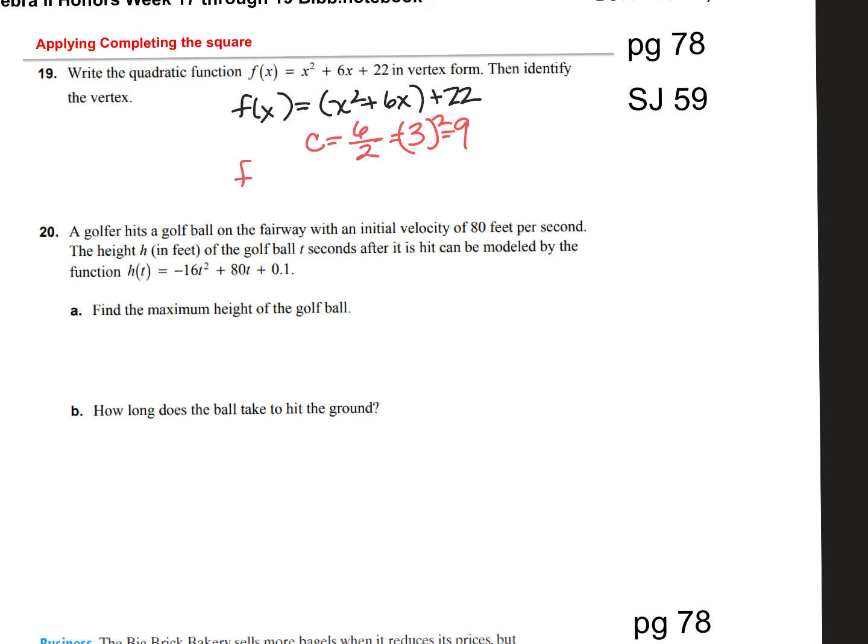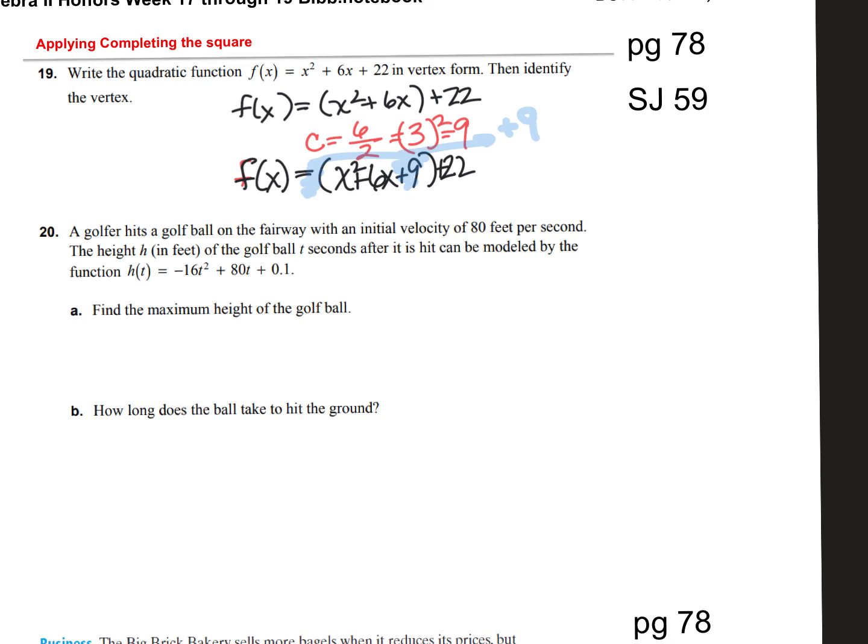F of x is going to equal, add that inside the parentheses, x squared plus 6x plus 9. Do multiply what's on the outside with what's on the inside. Multiplying 1 times 9, I realize that I have added 9 to complete the square.